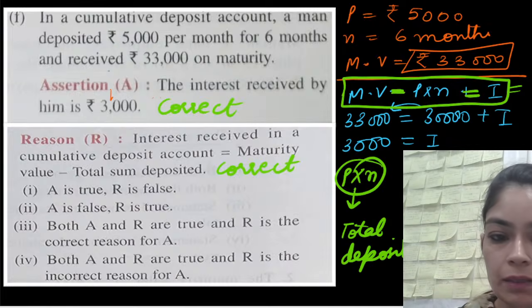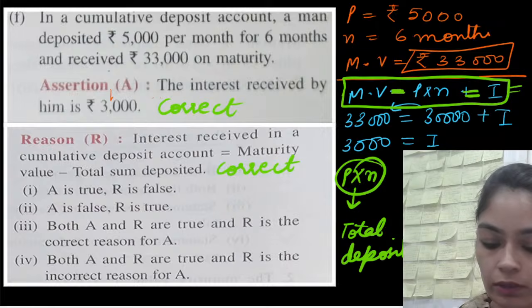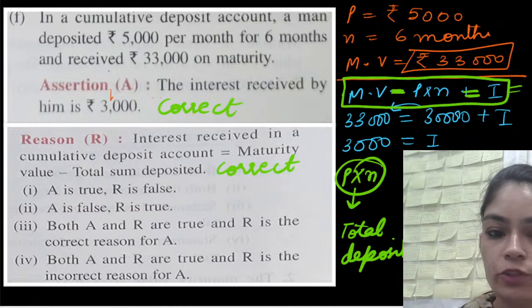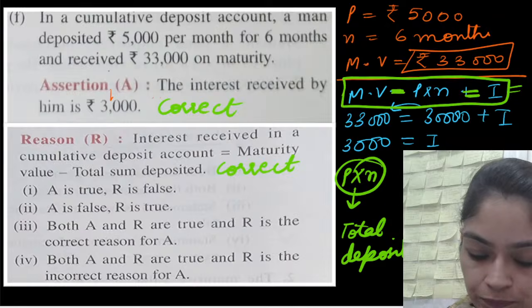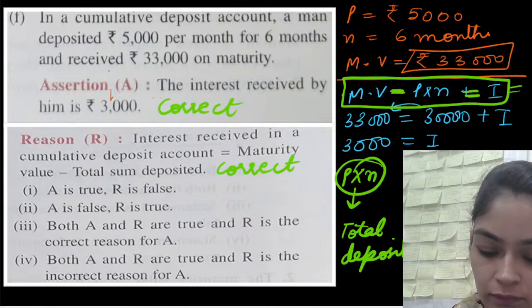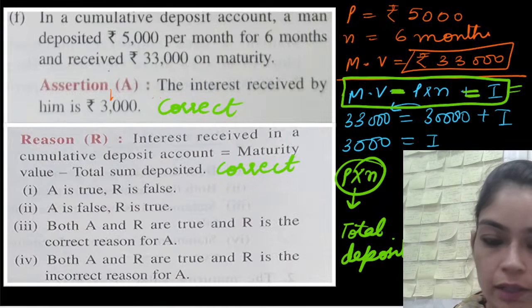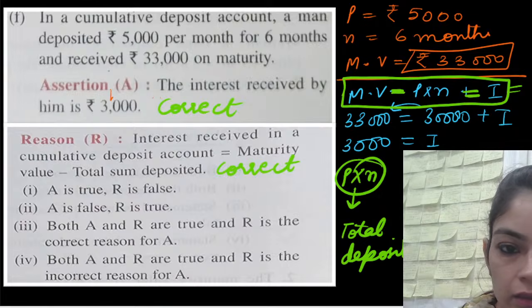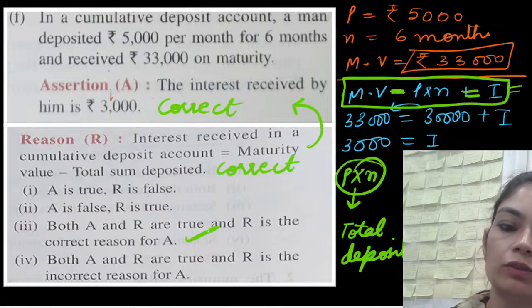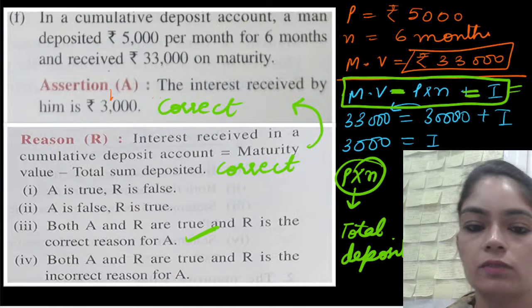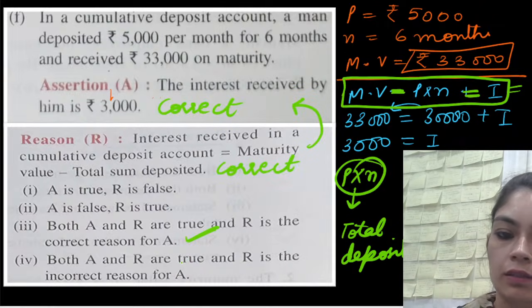Both are true, in the first, third and fourth also. But which option? Third or fourth is the correct answer. Third option. Because see, we have made use of the formula of the second to find the value of the first one. So that's why R is the correct reason for A.